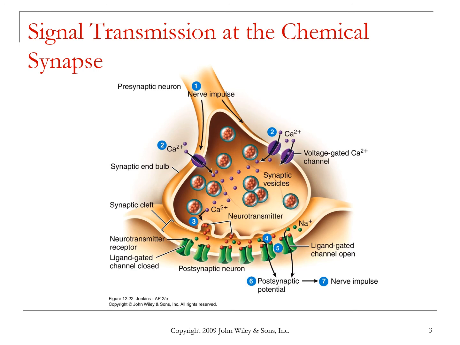These channels only open when the voltage changes due to the arrival of an action potential. The influx of calcium then stimulates synaptic vesicles inside the synaptic end bulbs to move towards the membrane, fuse with the membrane, and release neurotransmitter by exocytosis.